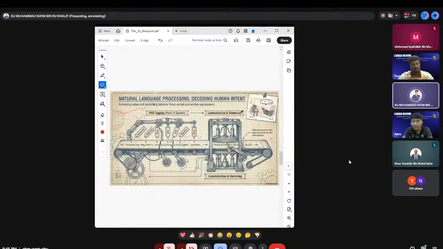Any knowledge, knowledge NLP, you pun tahu dah. Tokenization, POS tagging, lemmatization and stemming and other things juga. Okay, so basically it will extract the meaning of the text. Daripada situlah. So basically banyak di knowledge, not limit to this picture only. So this is the way how chatbot and translator works.